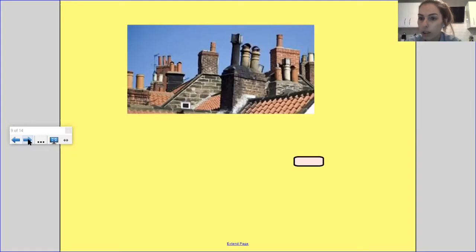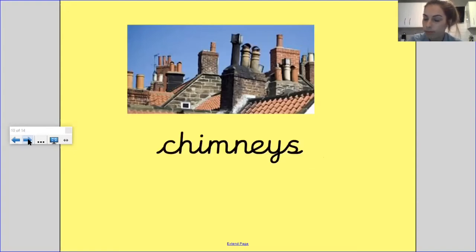And remember, if you just want to write the root word on its own first, you could just write ch, I, n, e, chimney, and then convert it into the plural. Remember our rule, pause the video here and have a go. Chimneys. Again, it ends in an EY, doesn't it? So we just add S. Wow, today's rule's fun, isn't it?